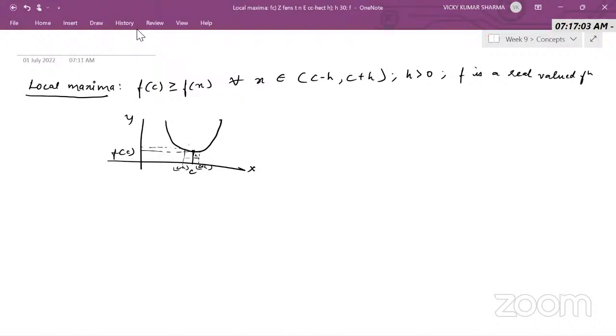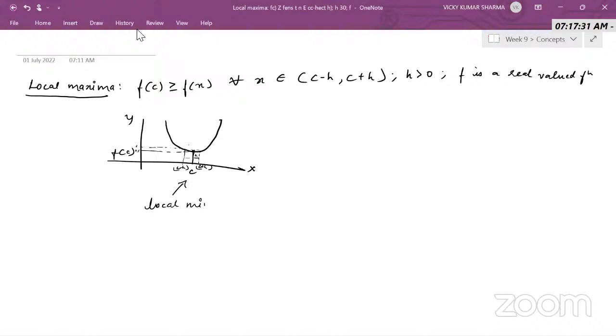For f of c minus h I get some greater value. Let's say this is my 5, so this gives me 6. Likewise, if I take this one, it's going to be 6 again. So you see in this interval, f of c is not giving me a greater value, it's giving me a lesser one. So I can say for this point that this is my local minima.